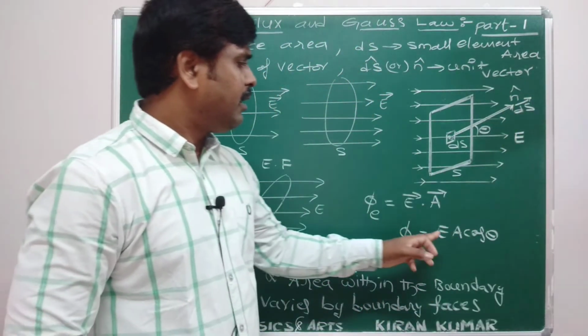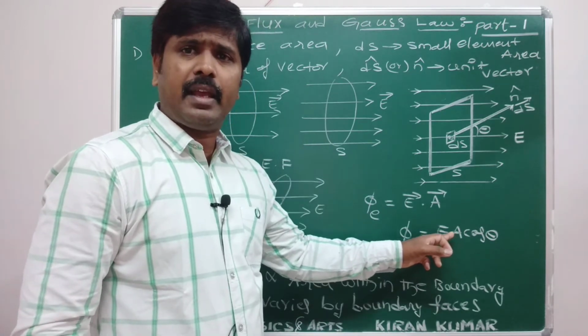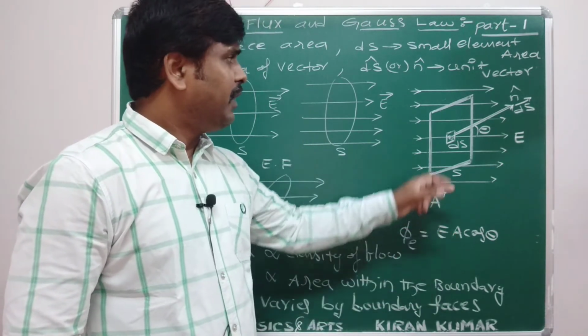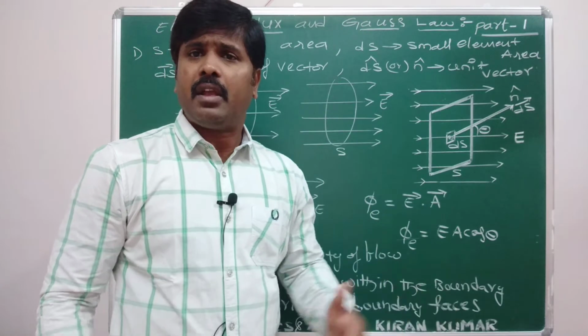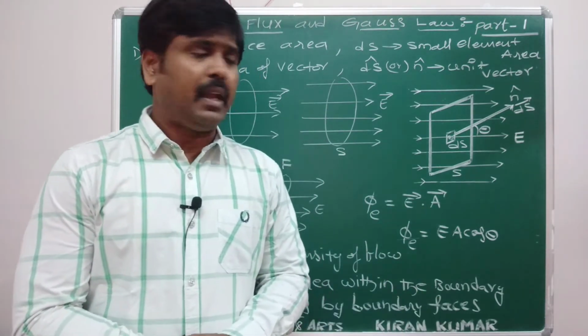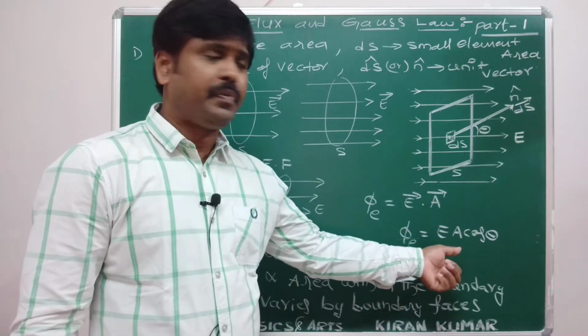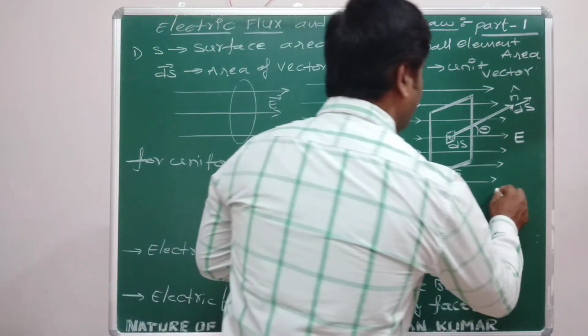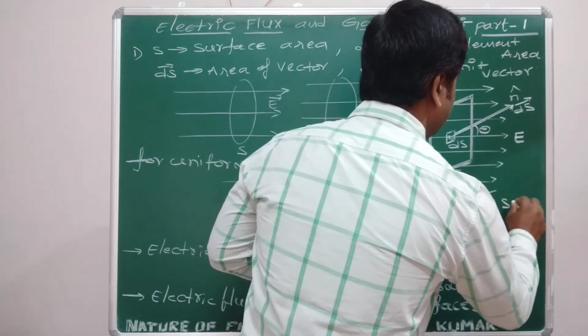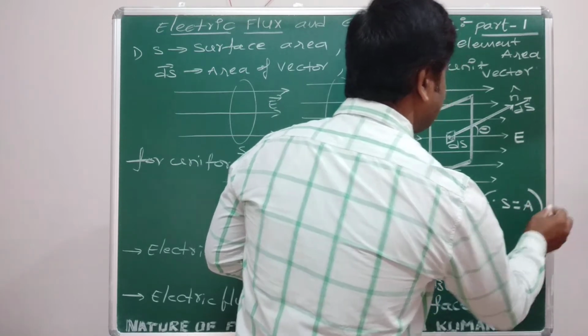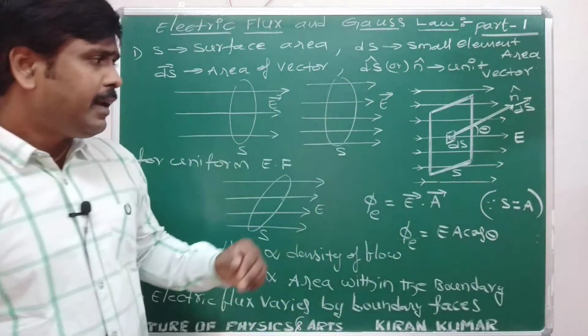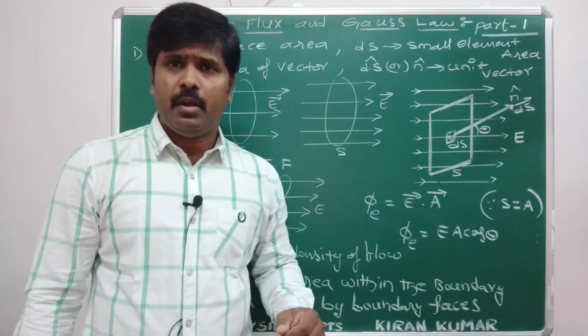We take ds because we will consider it for the non-uniform electric field. Here simply the surface area I am considering, so we can write S equals A, that is surface area, and A is the area. There is not much difference.